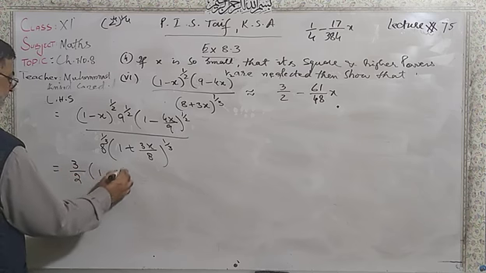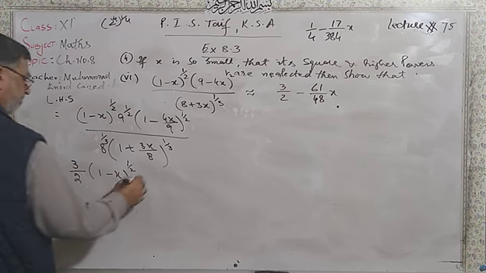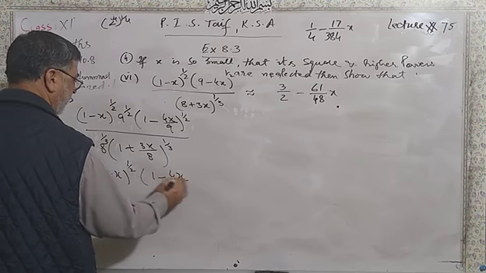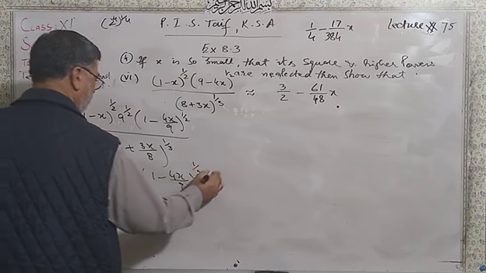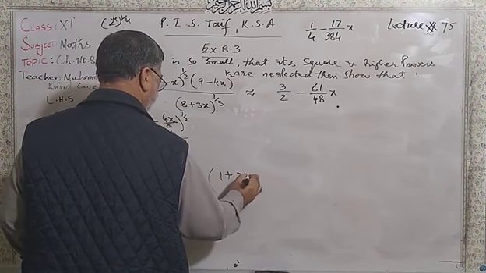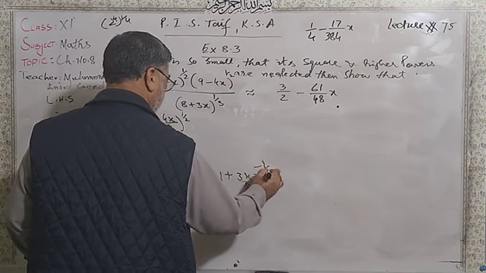So the 3 and 1 over 3 cancel out, we have 2. Here is 1 minus x power 1 over 2, 1 minus 4x over 9 power 1 over 2, 1 plus 3x over 8 power minus 1 over 3.